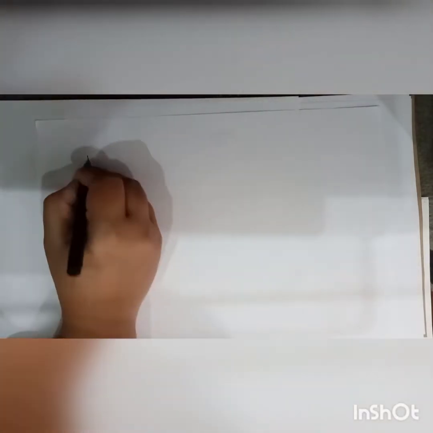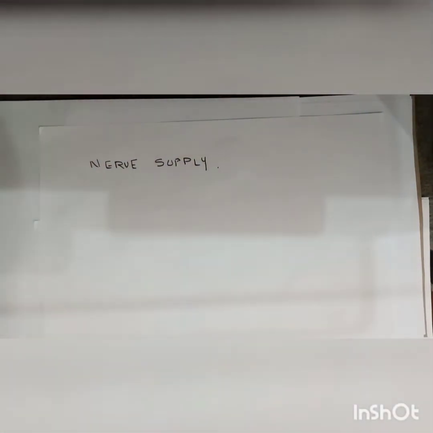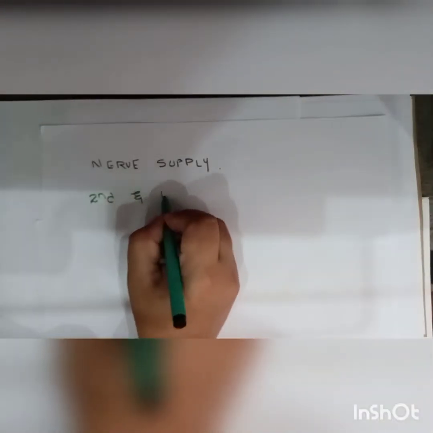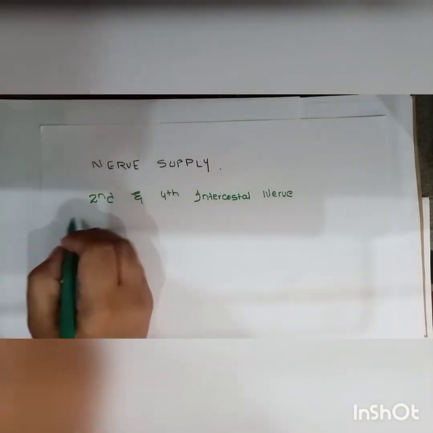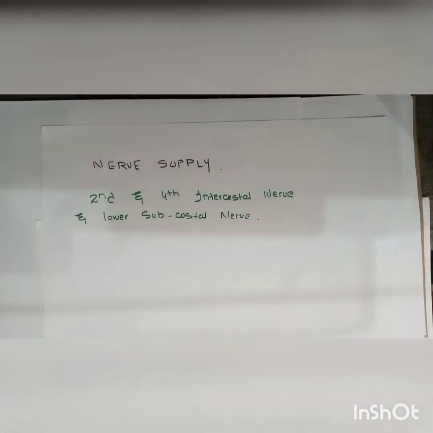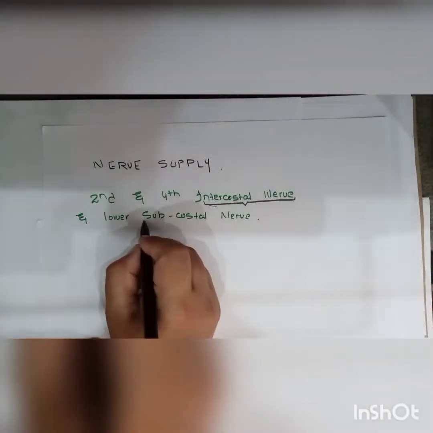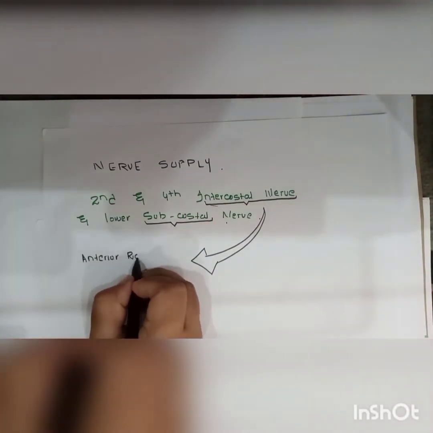Now I will explain the nerve supply of the posterior serratus muscle, and it gains nerve supply from the second to fourth intercostal nerves and the lower subcostal nerve. I will tell you what the intercostal nerve and the subcostal nerve are.